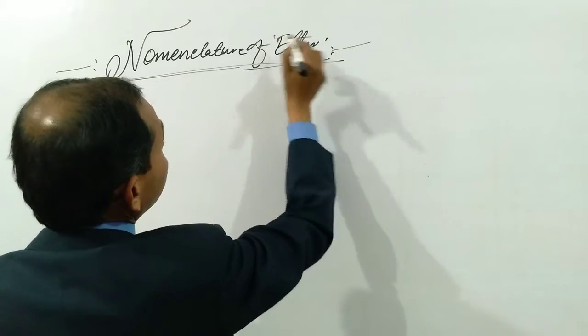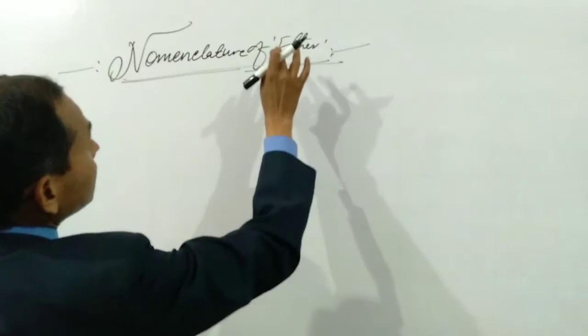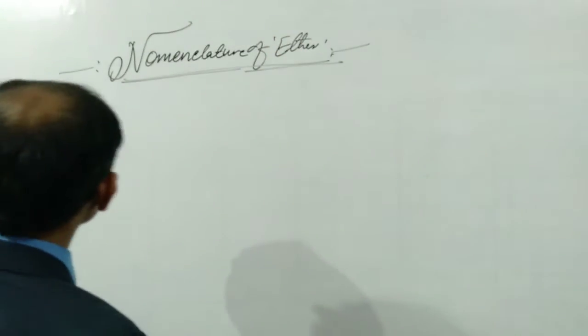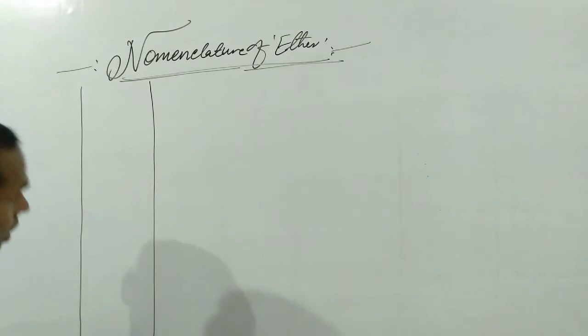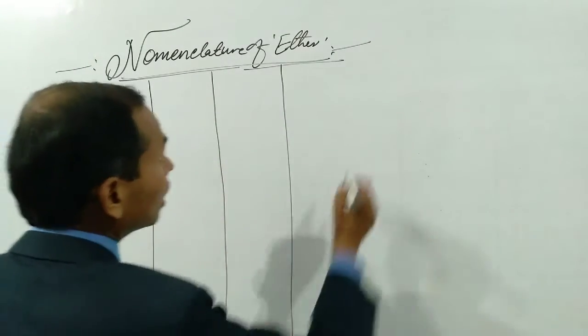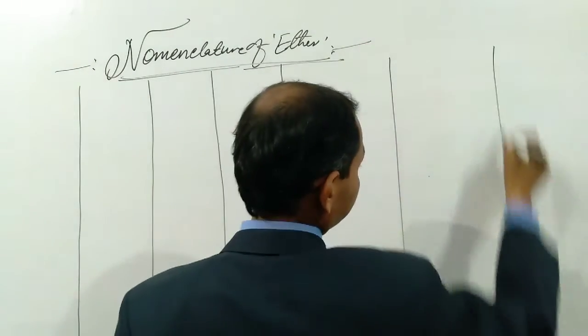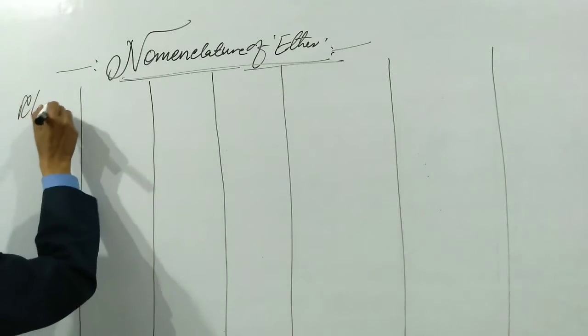This is the name as title, so the letter E is given as capital. We have to draw 7 different columns. This column is for class name.